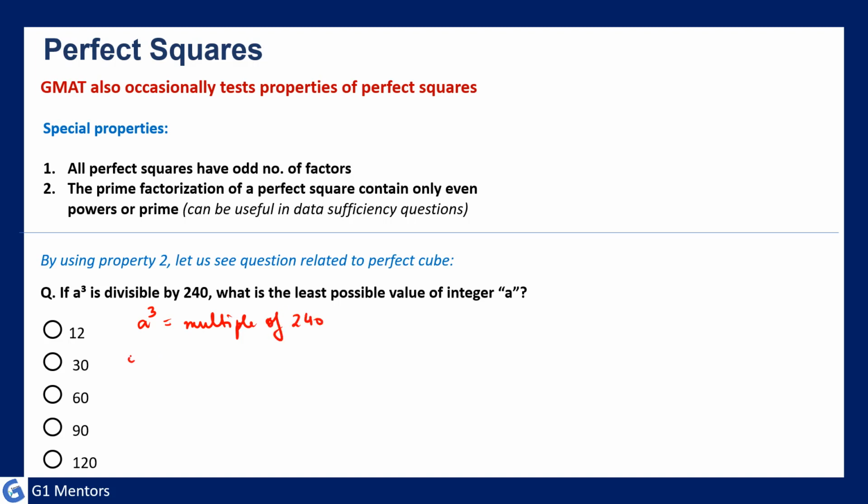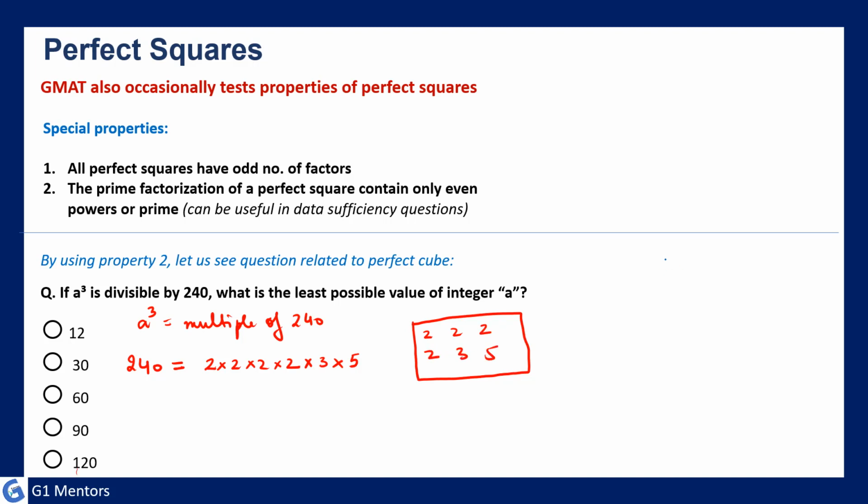Okay, so let's break down 240 first. What is 240? 240 is 2 into 2 into 2 into 2 into 3 into 5. So this is the prime factorization of 240. So if we make the prime box of 240, we get 2, 2, 2, 2, 3, 5.